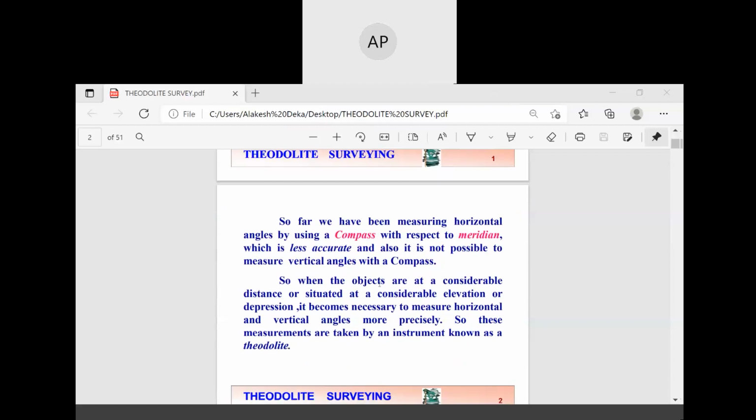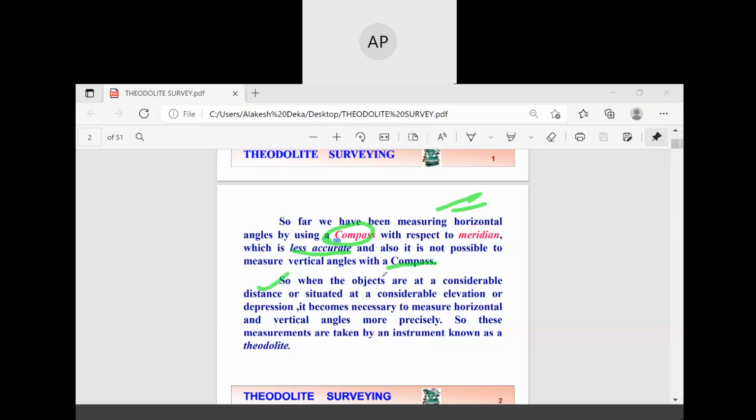So far we have been measuring horizontal angles using a compass, isn't it? We have to find out the bearings of the angle, which is less accurate, and it is not possible to measure vertical angles with a compass.